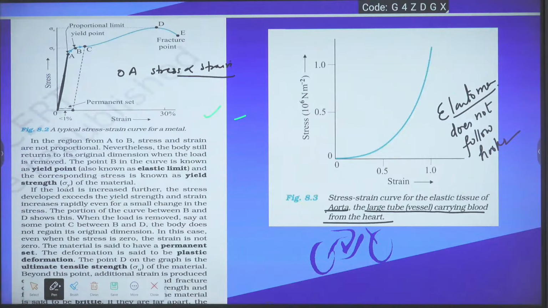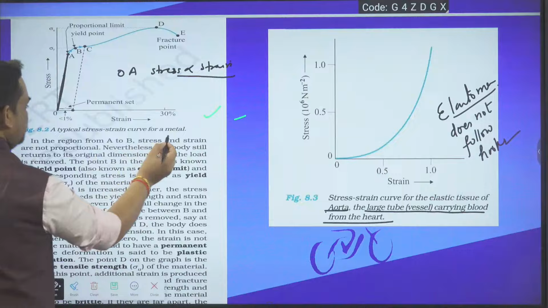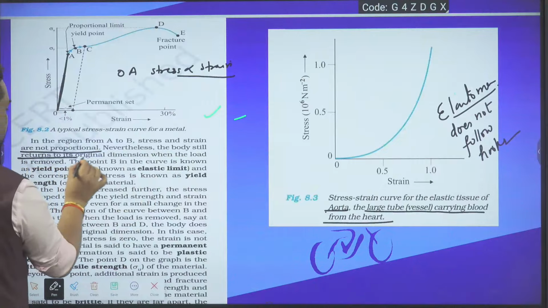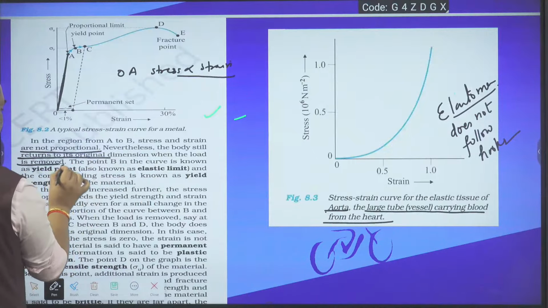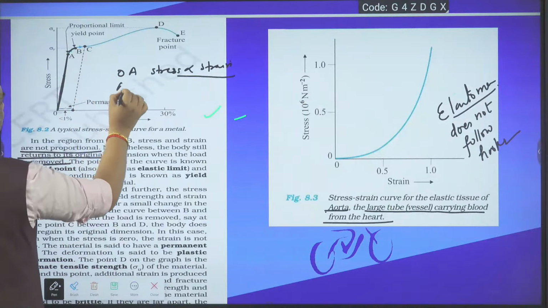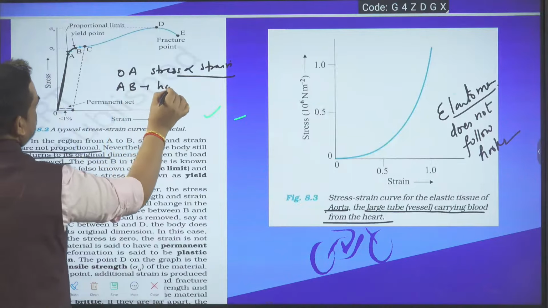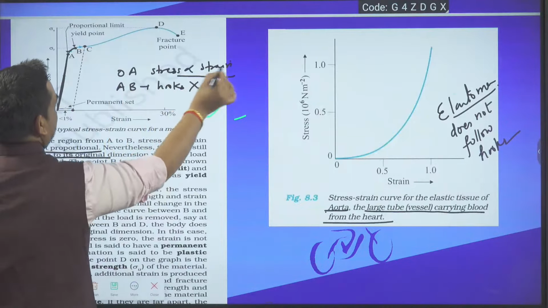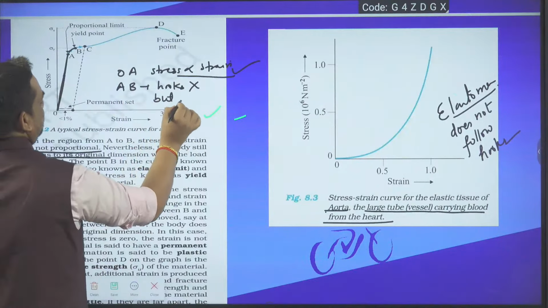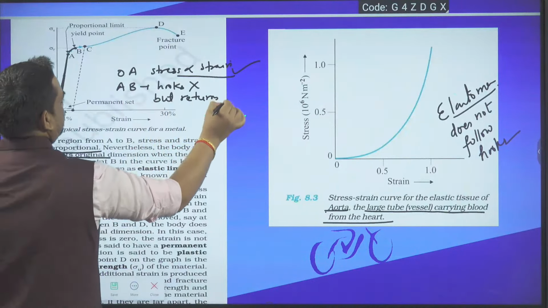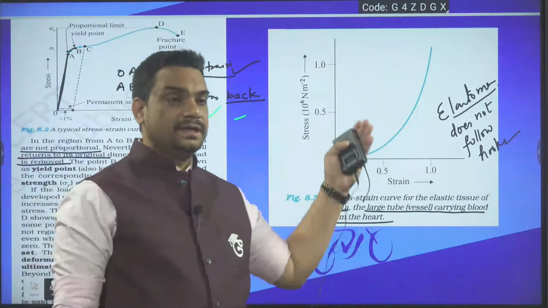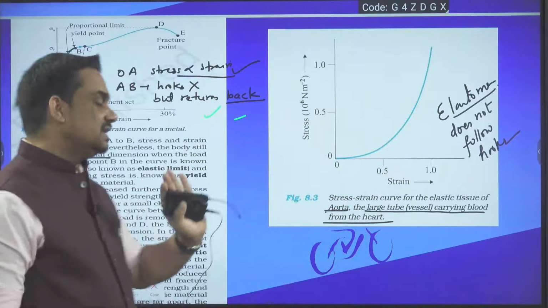In O to A, Hooke's law is valid. In the region from A to B, stress and strain are not proportional, but the body still returns to its original dimension when the load is removed. So in AB, Hooke's law is not valid, but it returns back, which means it is within the elastic limit.